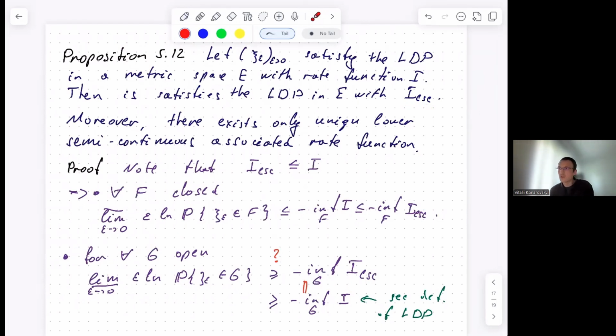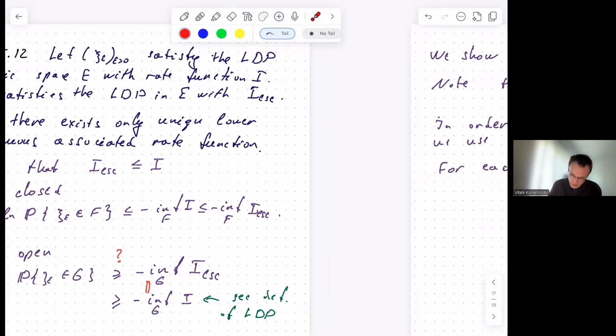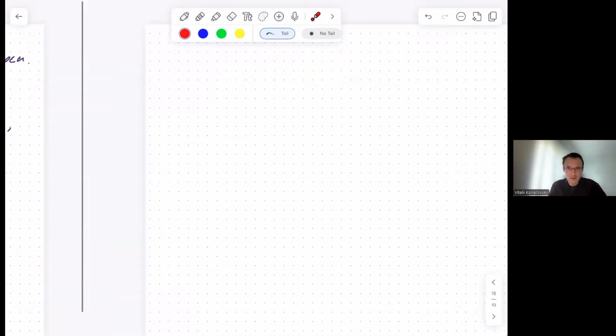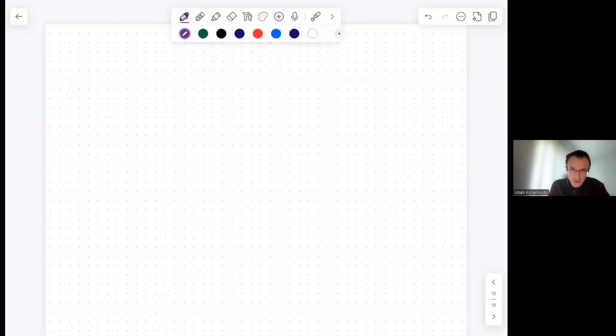Now we want to prove that the lower semi-continuous rate function is unique. To prove the uniqueness, we assume that we have two rate functions which are lower semi-continuous, and our goal will be to show that these two functions are the same.